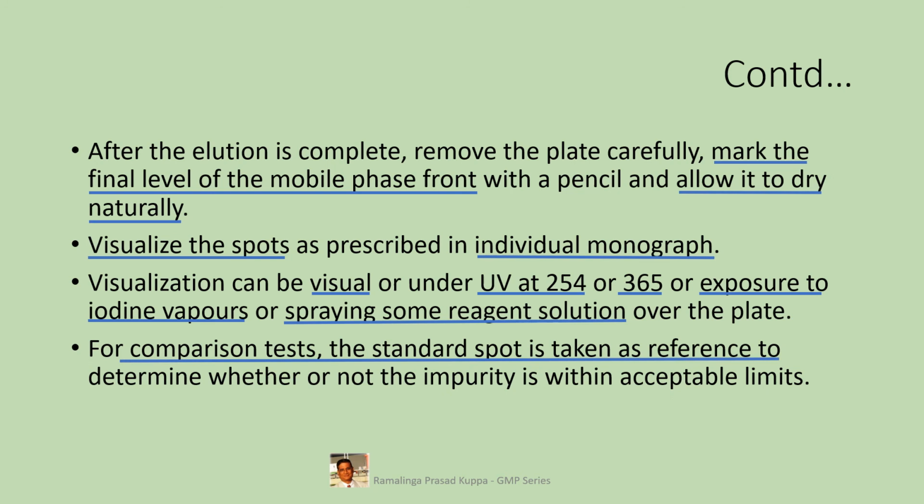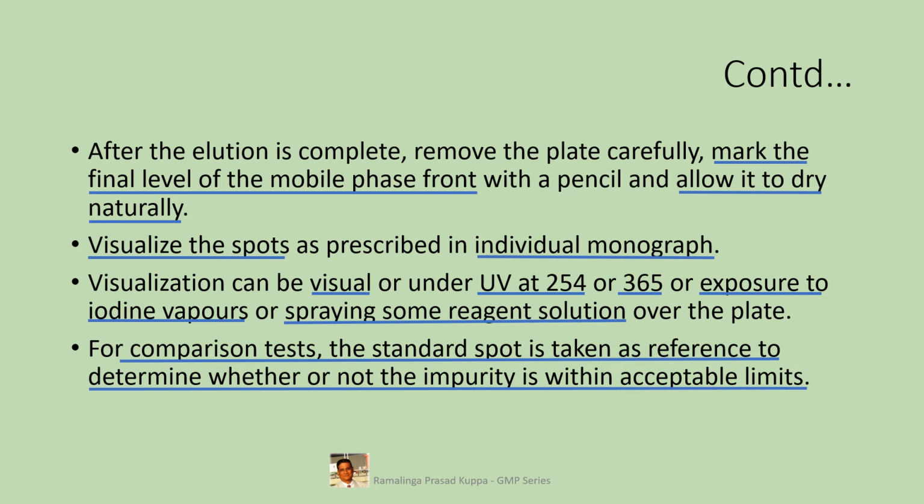For a comparison test, the standard spot is taken as reference to determine whether or not the impurity is within acceptable limits. For routine reaction monitoring, TLC is the best method. This technique gives much faster results. Unlike HPLC or GC methods, the results will be available within a very reasonable time.